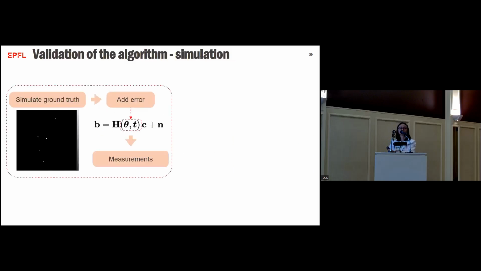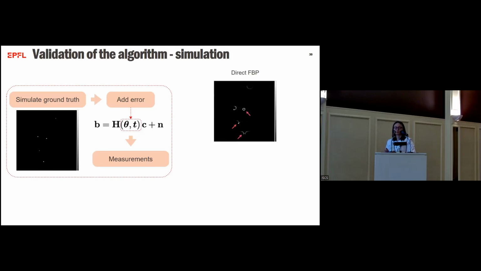We first validated our algorithm on some simulated data. We simulated some ground truth with speeds, and we artificially added error in the rotation angles and also the shift. Then we apply the forward model on the ground truth to simulate measurements. Then we apply different reconstruction methods and compare the results.